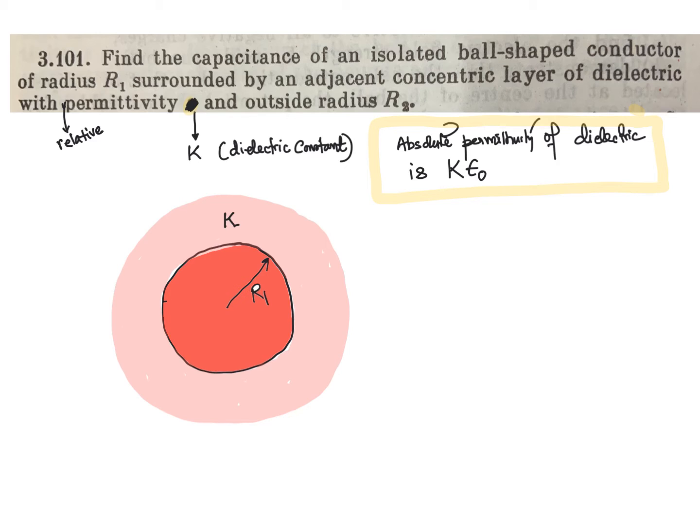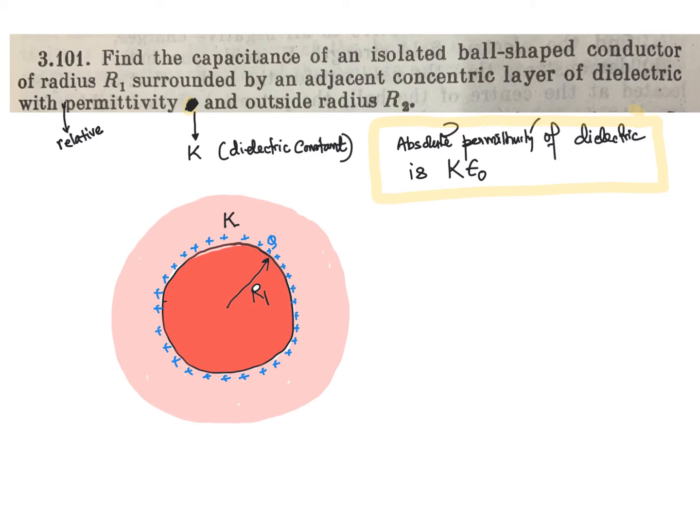Now this conducting sphere will have a charge. We assume a plus charge Q on the conducting sphere. Then there is a dielectric. Now you know the dielectric has bound charges, right?